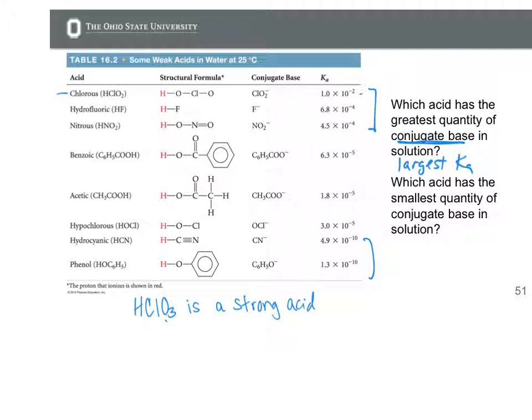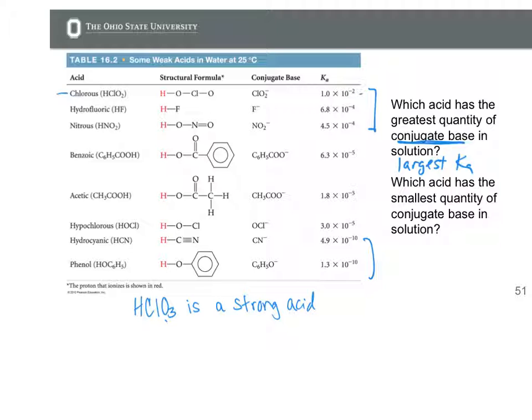They're going to have very small amounts of conjugate base in solution. This goes back to Ka being large or small, being product favored or reactant favored. Now these are all less than 1, so all of our weak acids are going to be favoring the reactant side, but now we're looking at the magnitude within that.